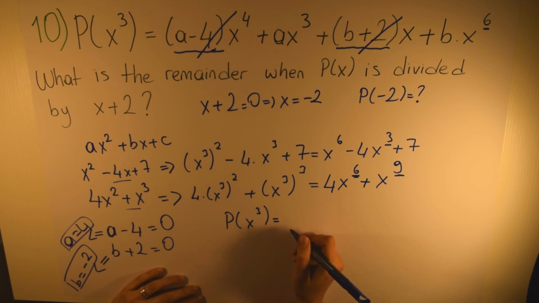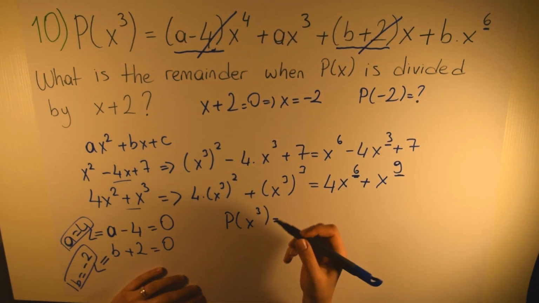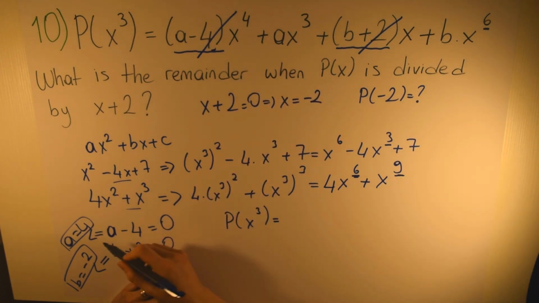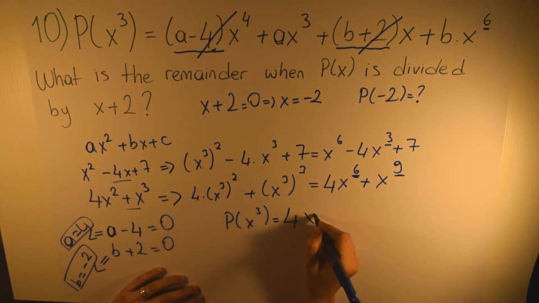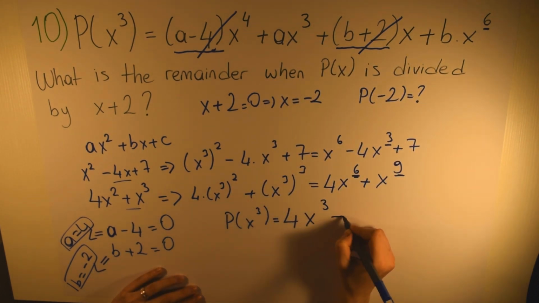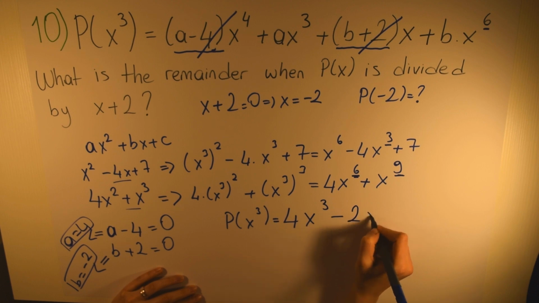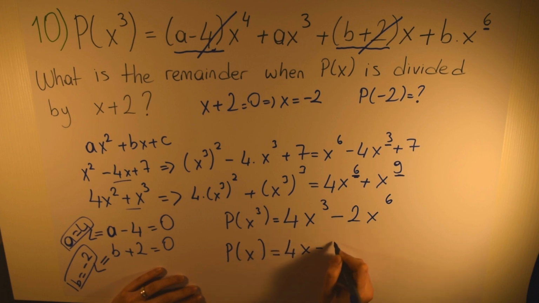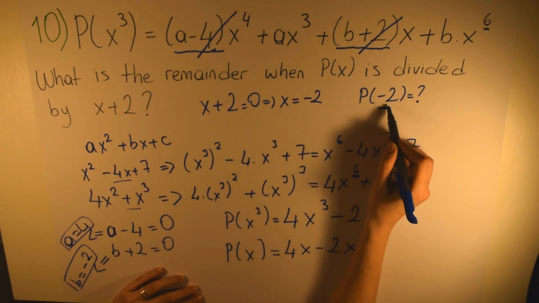I also found a and b, so let's put them in their places. I have a as 4, so it means 4x to the power of 3. I have b as minus 2, it's minus 2x to the power of 6. Which means P(x) is equal to 4x minus 2x squared. And we have to find this value.